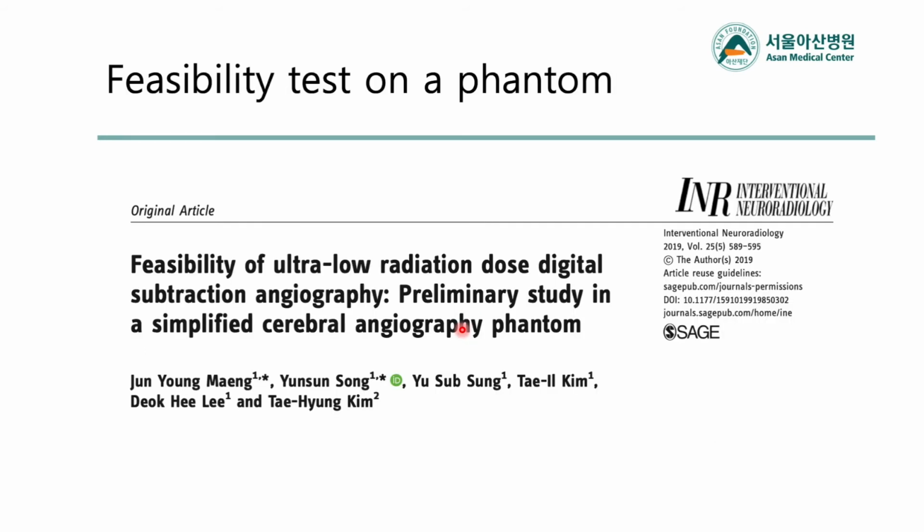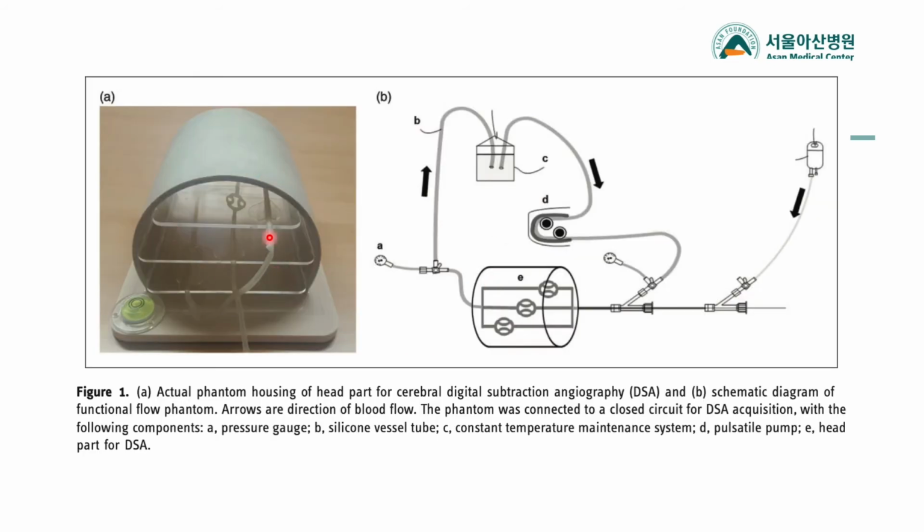Before we directly go into ultra-low dose setting, we checked the feasibility of low, very low, or ultra-low doses in cerebral angiography with a phantom. This is a phantom we developed, even though it looks like a funny concrete pipe. Actually, it was made of a material having the same radiodensity as the skull.